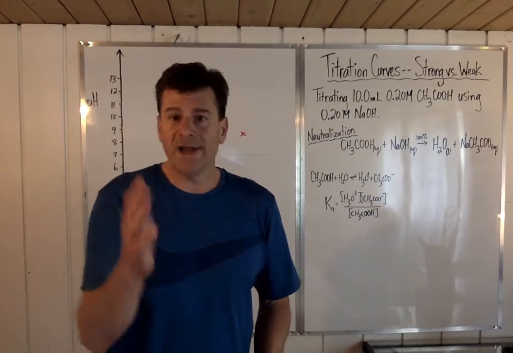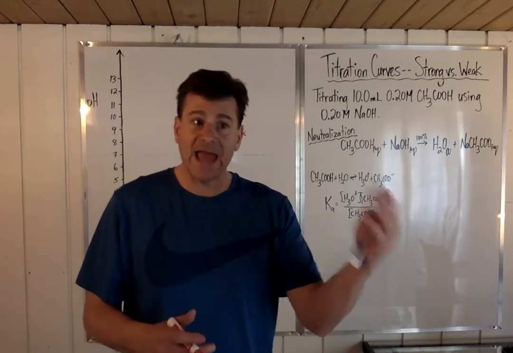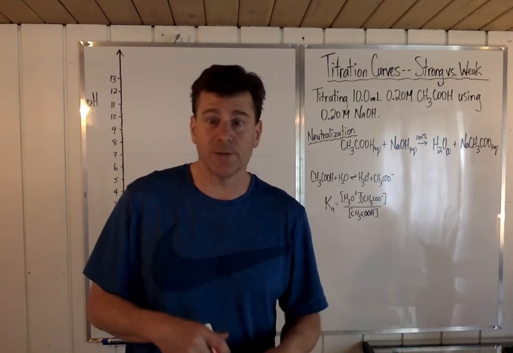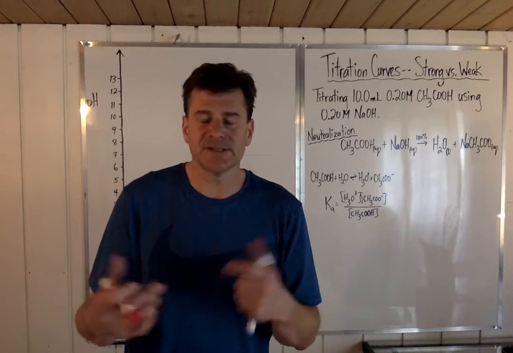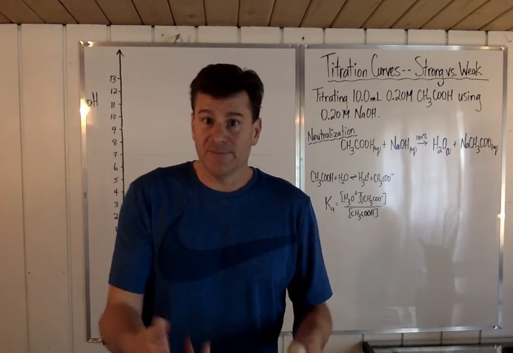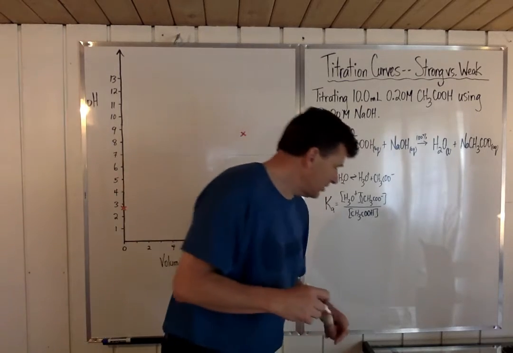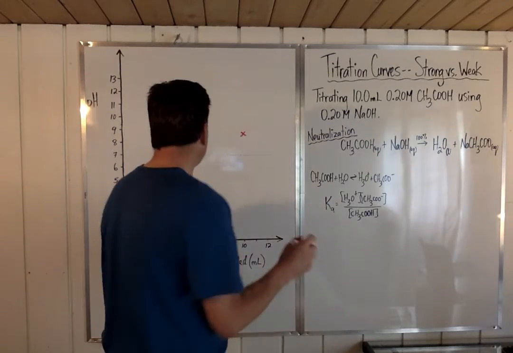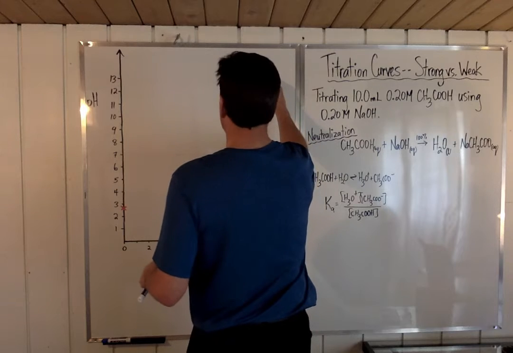So 1 extra milliliter of sodium hydroxide added into the 20 mils that was already there, so now your total volume is 21 mils, you essentially have a slightly diluted solution of the sodium hydroxide. And so I calculated the pH of that. And the pH, after 1 mil too much of the sodium hydroxide, goes all the way up to 11.98. So at 11, it's 11.98.